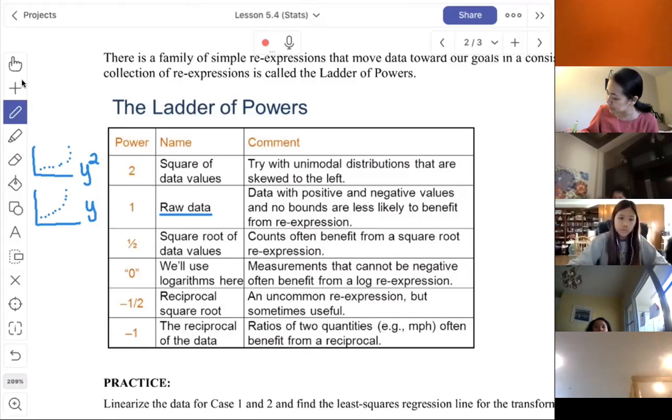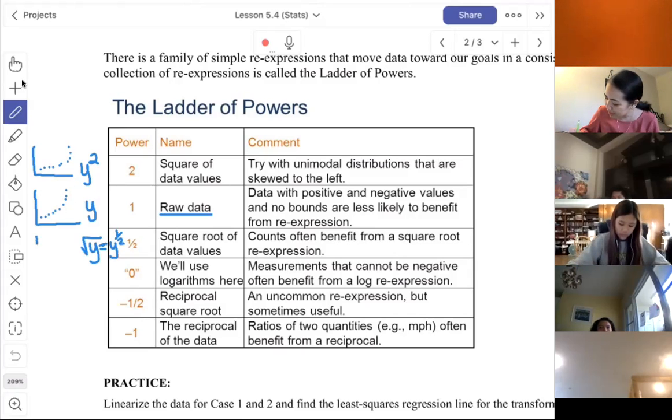So let's do y to the 1/2. I don't know if you guys remember this, but y to the 1/2 is just equal to the square root of y. So square root of y.